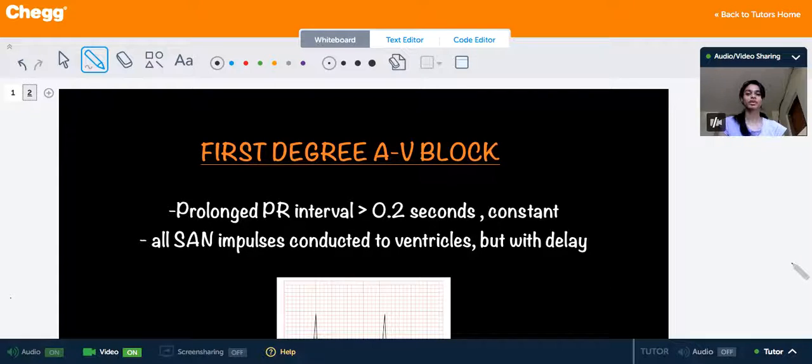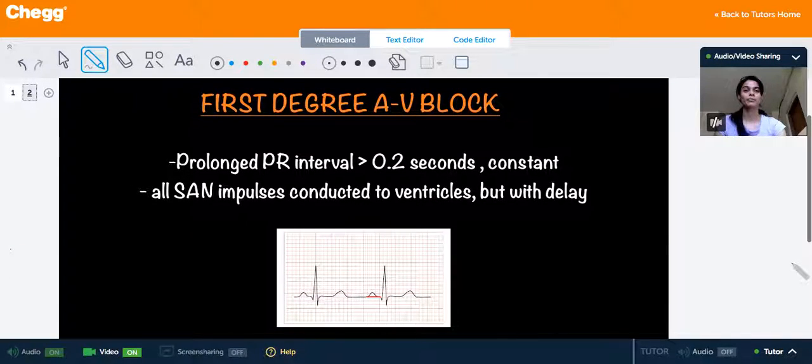So all the SA nodal impulses are conducted to the ventricles, except there is a delay. On an ECG, the time taken for the impulse to travel through the AV node into the ventricles is known as the PR interval.